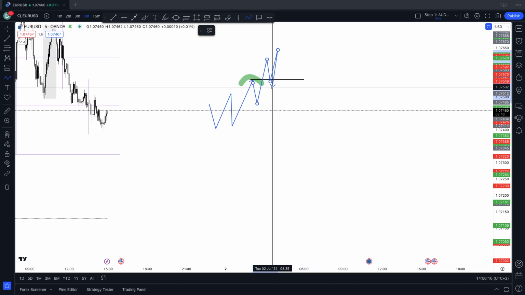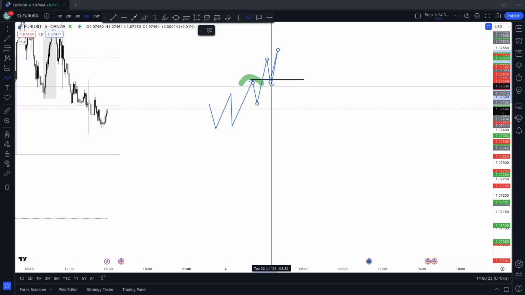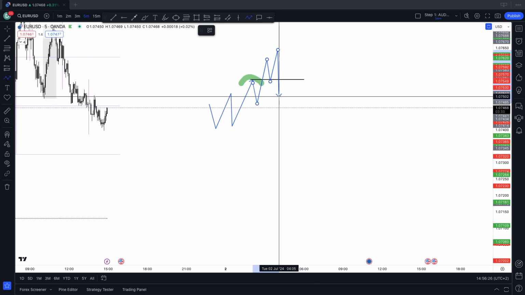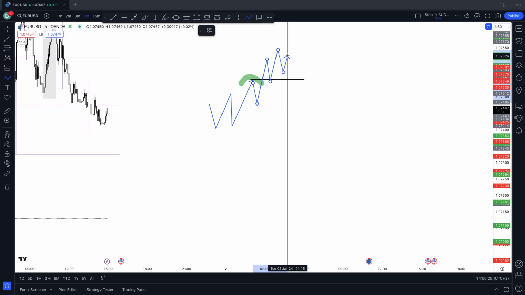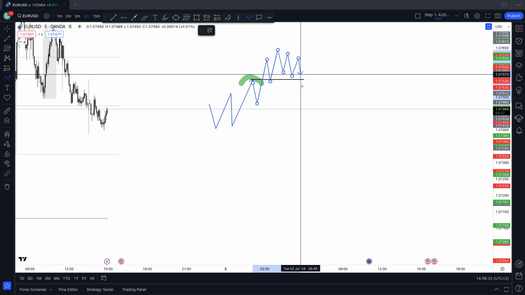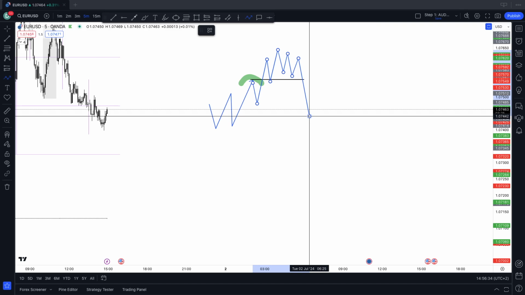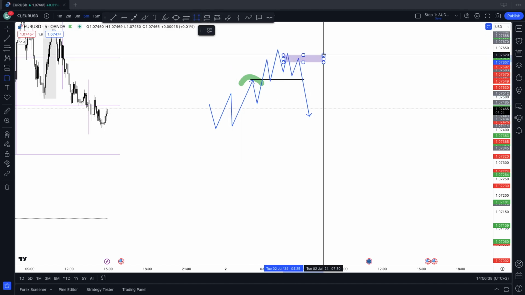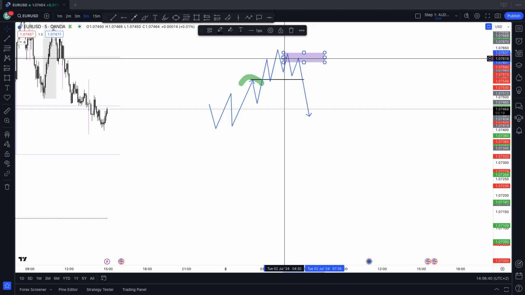So what that's going to do, sorry, I'm still a little bit tired here, just waking up this morning, but what that's going to do is bring in stop losses. Then when you get a little break of structure, we're good to enter shorts. And typically weekly lows present some pretty good opportunities, some pretty good RR.